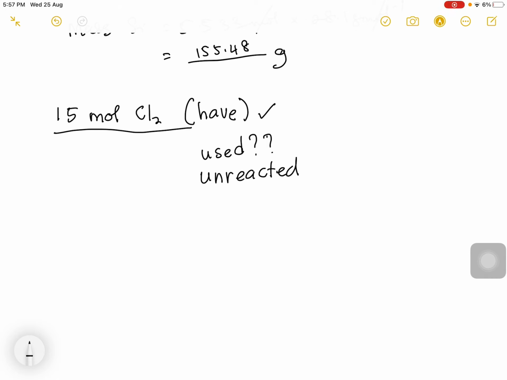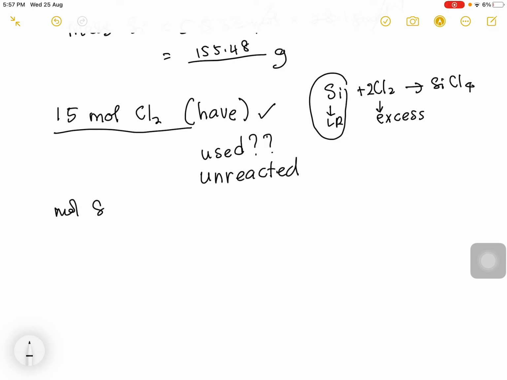Meaning that silicon reacts with chlorine producing SiCl4. Silicon is the limiting reactant, and chlorine is the excess. How much chlorine is in excess? So we need to know how much silicon reacted.